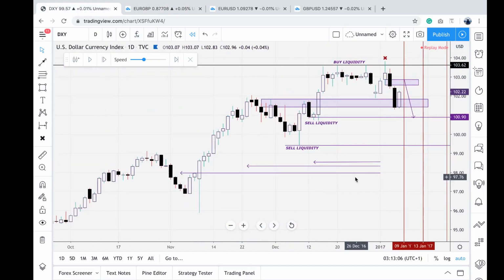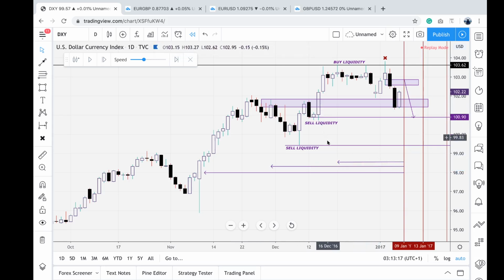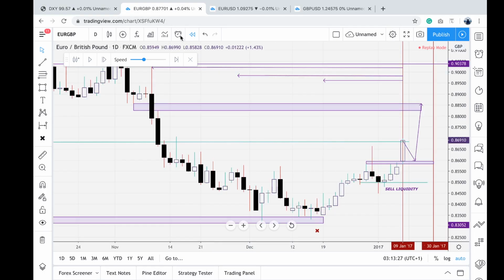For DXY, all we simply want to do is new week, move IPD to the level. New week, move IPD to that level. Still, a 20-day low still rests around this level. 40-day low still rests around that level. And there's really no 60-day low to reference. Okay, it's on the DXY.